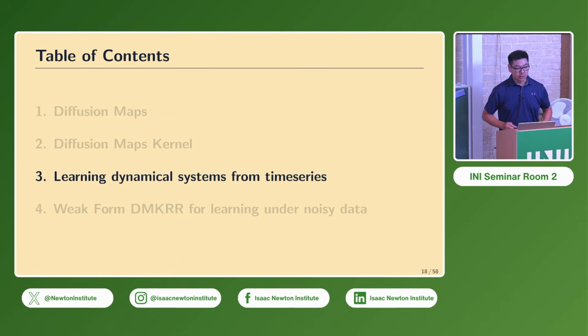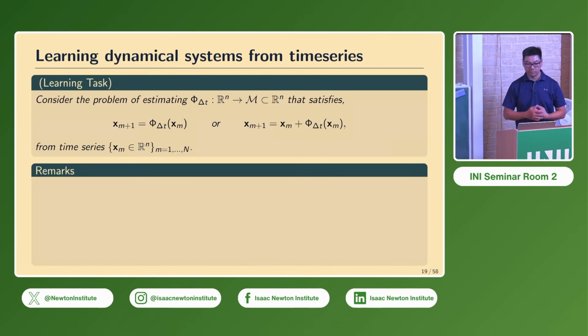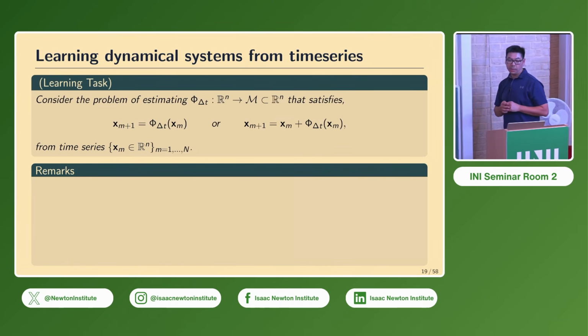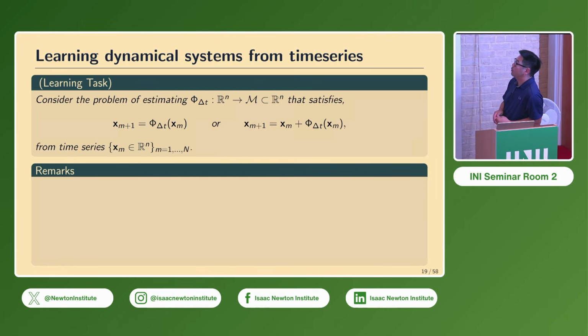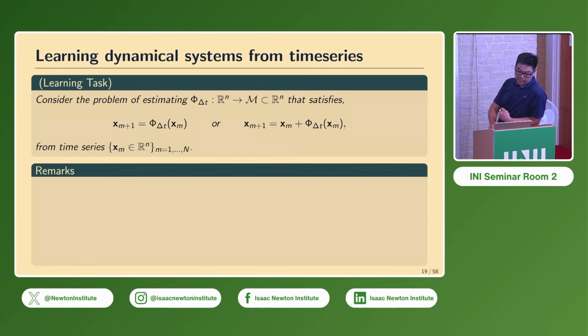Okay. So now let's go to learning dynamical systems from time series. Let me talk about what I have in my mind. So here's the learning task. Say I want to estimate the solution operator of the dynamical system.